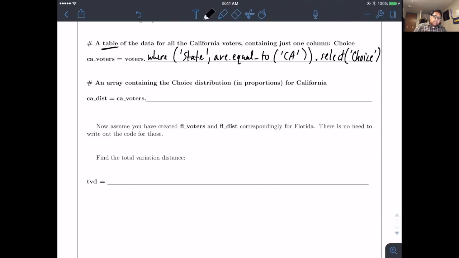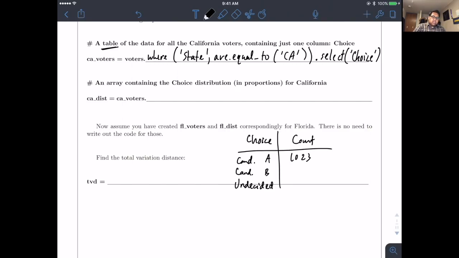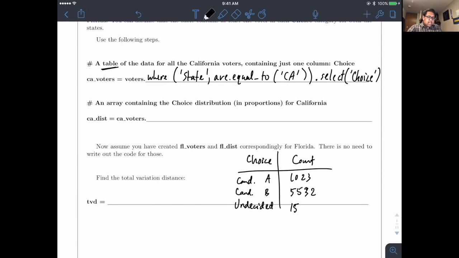So what we want is something like choice and count. So we could have candidate A, candidate B, undecided, and counts like 10, 23, 15 or something. I don't know, right? We just want a way to be able to say that, okay, here in California, this many people voted for candidate A, this many people voted for candidate B, this many people were undecided, right?